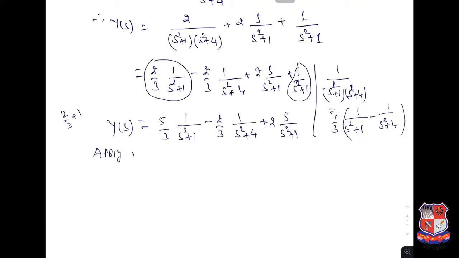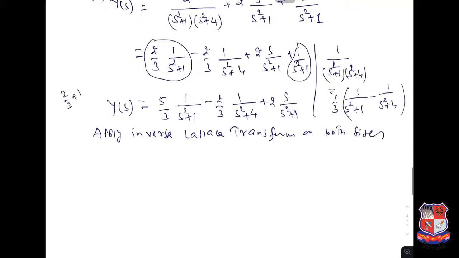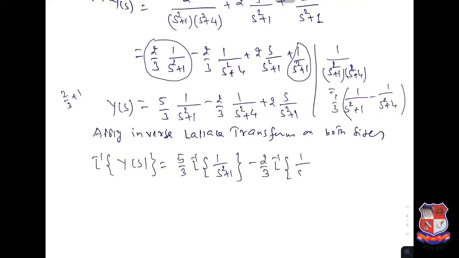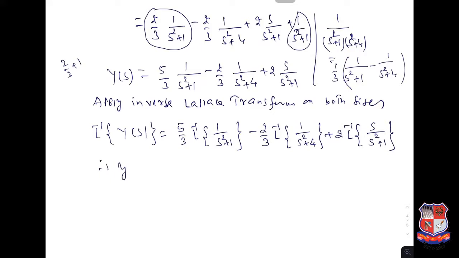So the inverse Laplace transform of Y(s) equals 5 by 3 times the inverse Laplace transform of 1 over s square plus 1, minus 2 by 3 times the inverse Laplace transform of 1 upon s square plus 4, plus 2 times the inverse Laplace transform of s over s square plus 1. This is y of t.